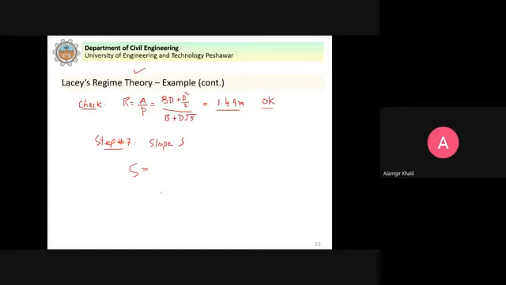S is equal to F to the power 5 by 3, divided by 3340 into Q to the power 1 by 6.